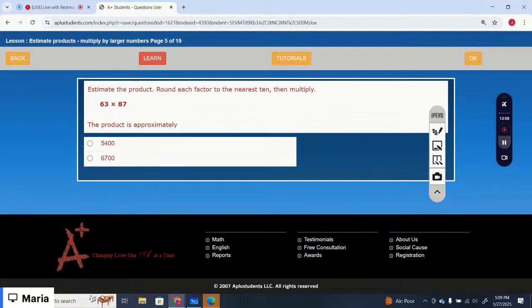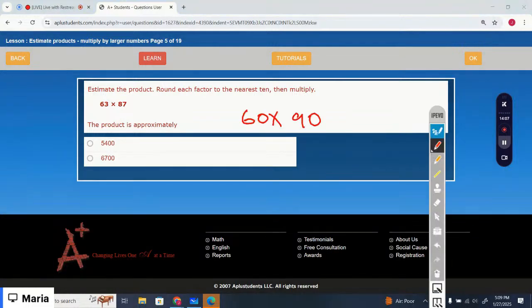63 times 87. 63 is rounded to 60 and 87 is rounded to 90.